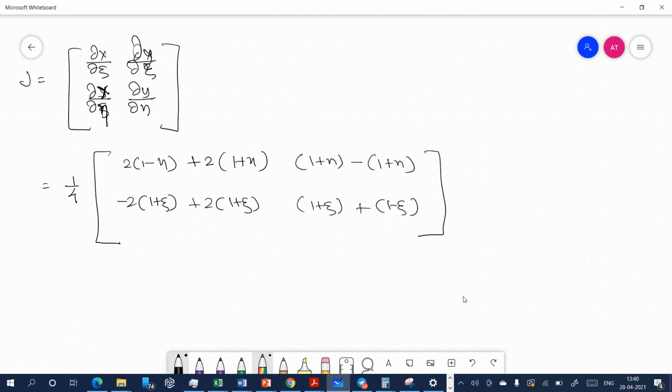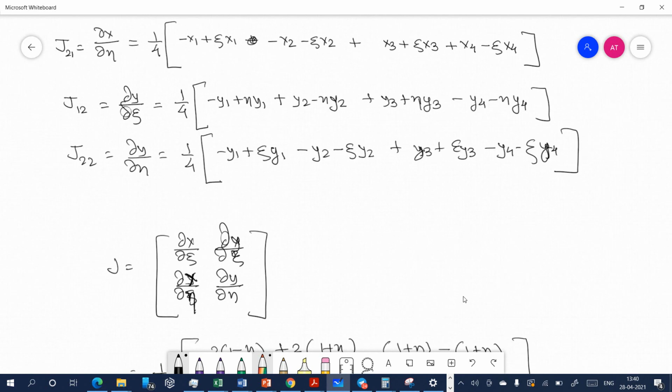I have two terms. And I have a 2 by 2 matrix, isn't it the same?